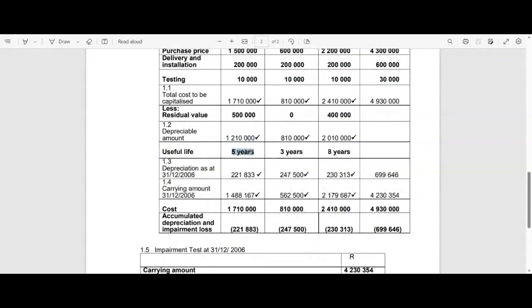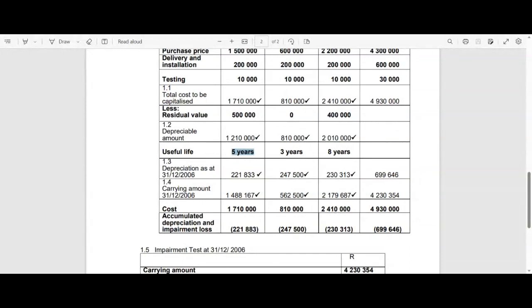Let me just grab my own calculator here. So that's 1,210,000. Divide by 5, because they don't supply us with the annual depreciation in the solution.